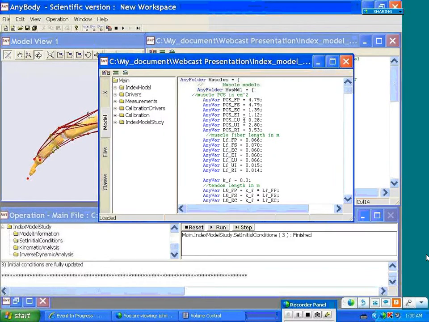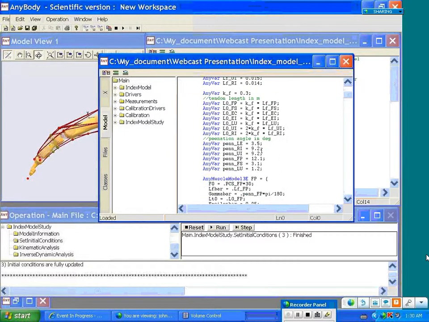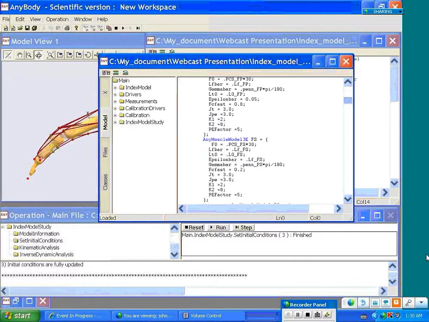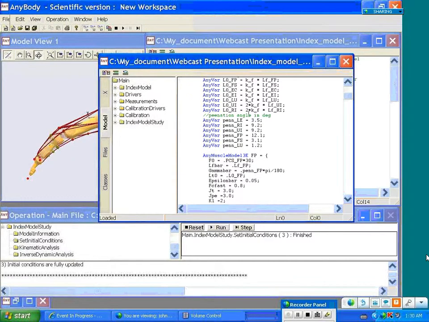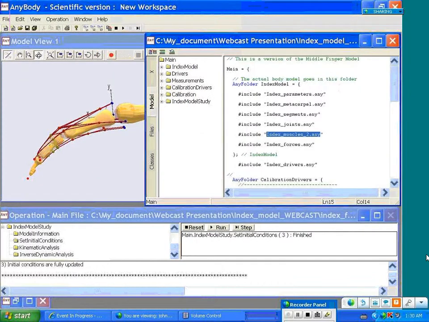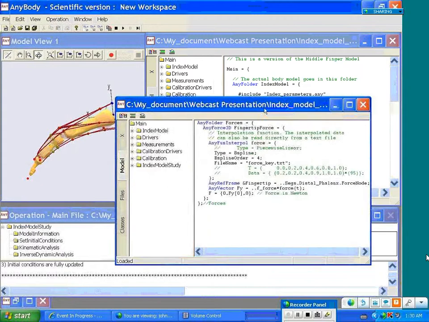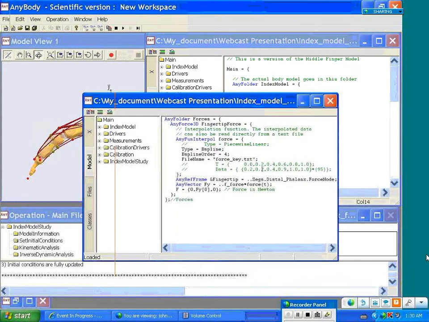First, you input the muscle cross-sectional area, the muscle fiber length, and the pennation angle. The pennation angle is in degrees. Then the index force, which is the input contact force, is collected from published data and input here as a file.